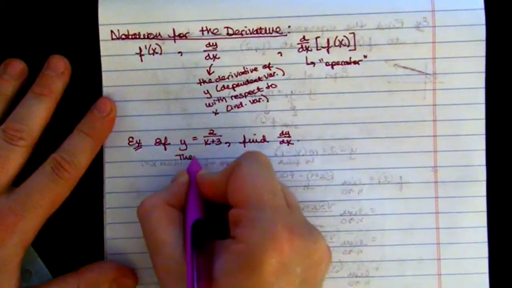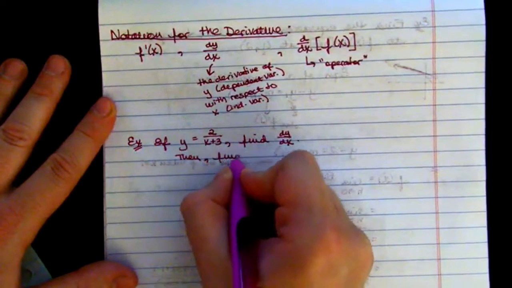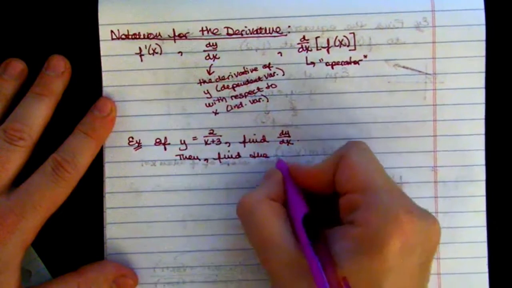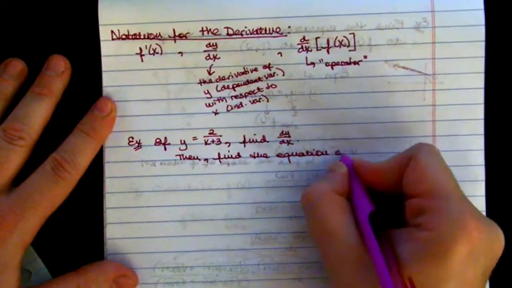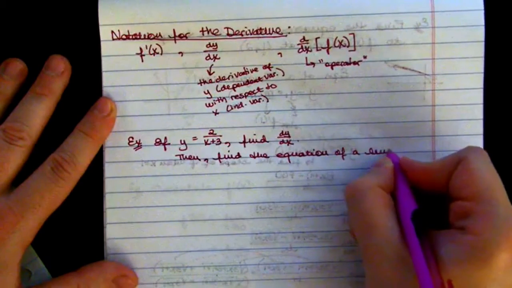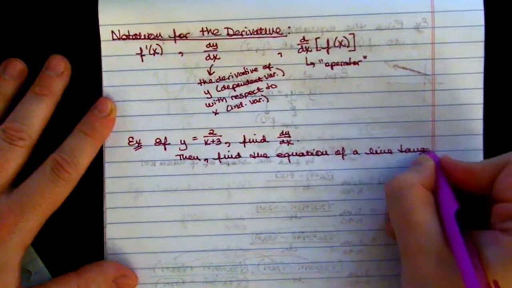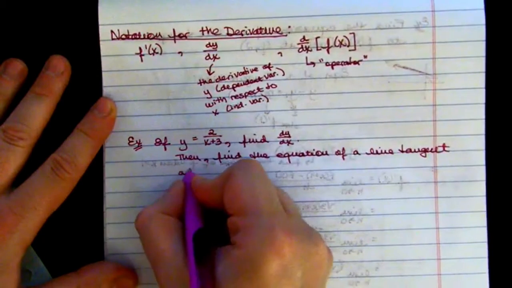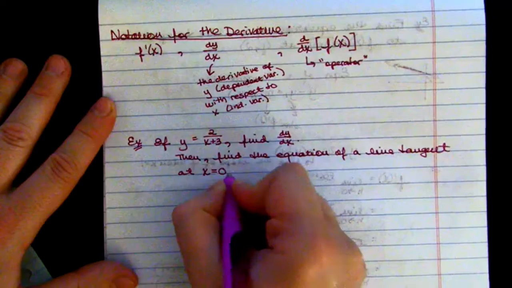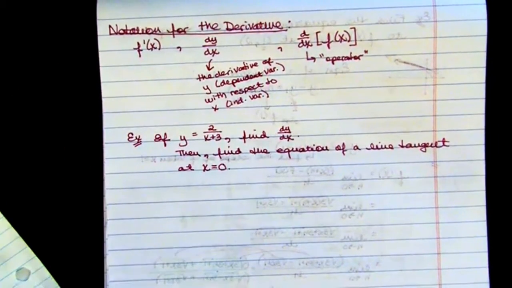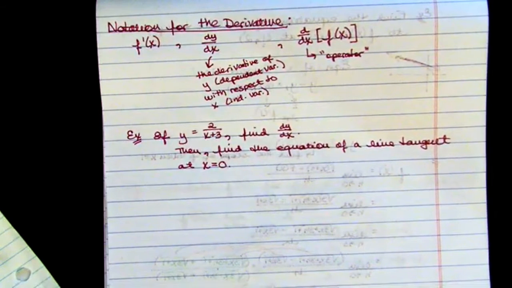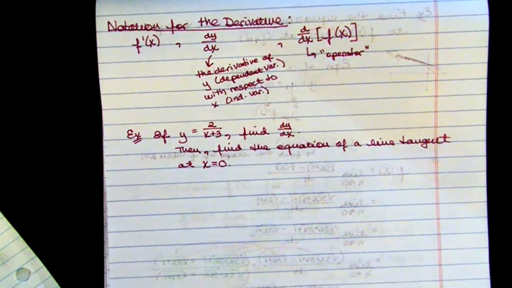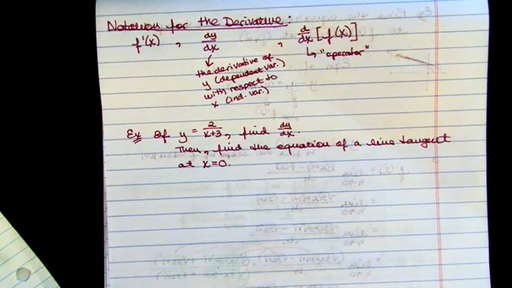When I'm done, I want to find the equation of a line tangent at x equals 0.